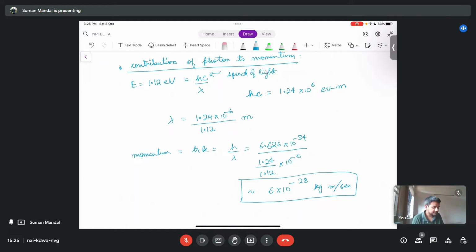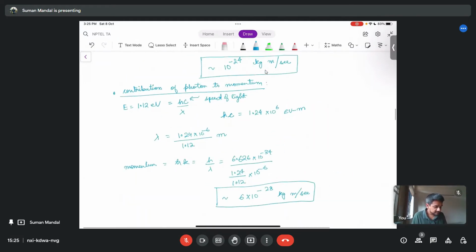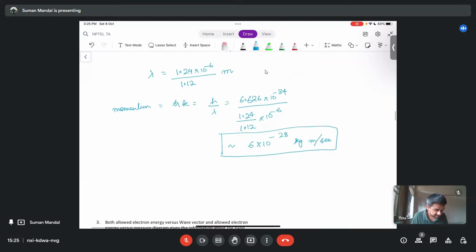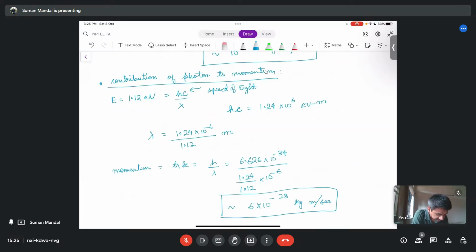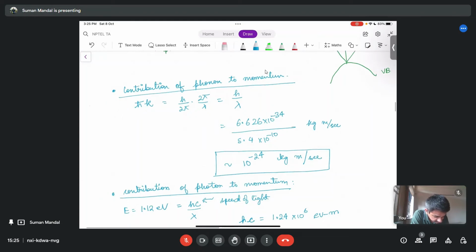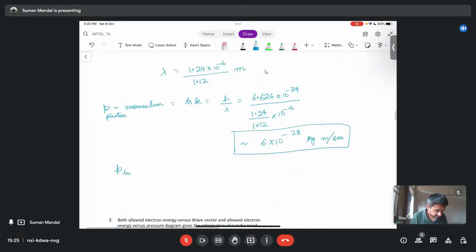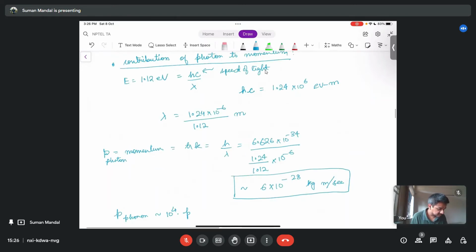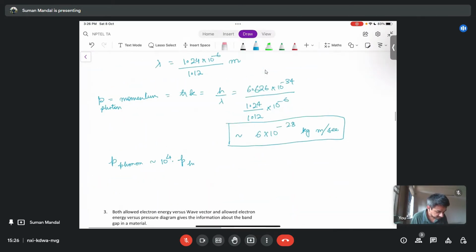Yes, sir. So now if we denote momentum by p, let this be p of photon, and this is the p of phonon. P is the momentum. The p of phonon is 10 power 4 times the p of photon.